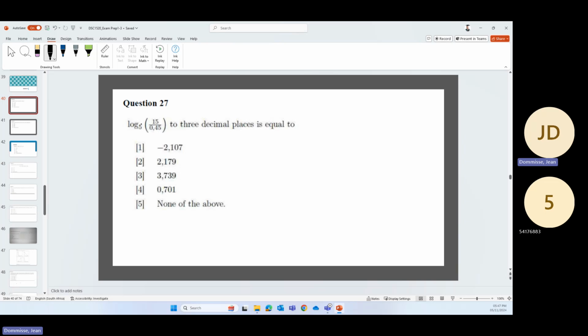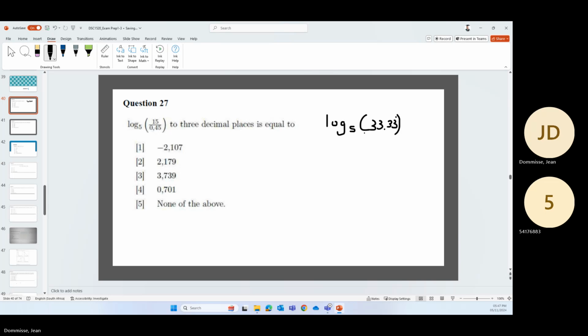Your calculators, the Casio and the Sharp ones, can do this, and even if it doesn't cater for the fraction, one can always say the 15 divided by 45 to get the number.